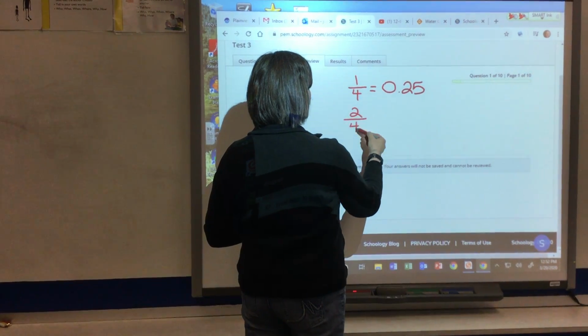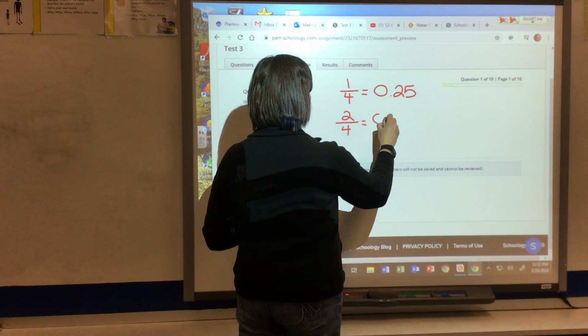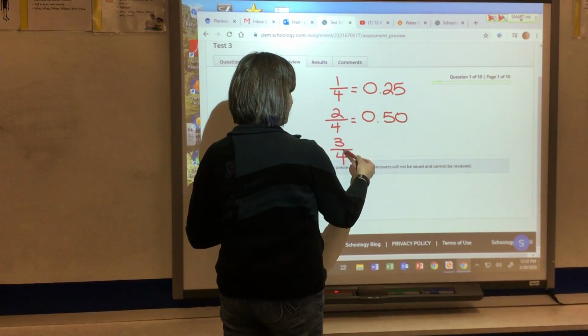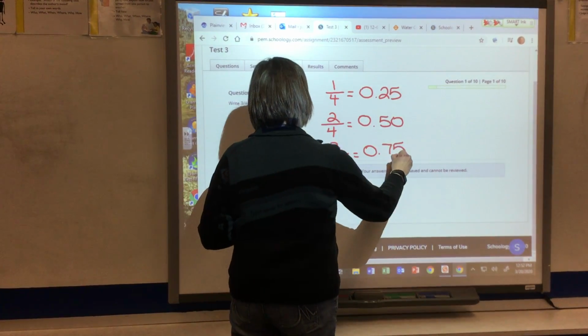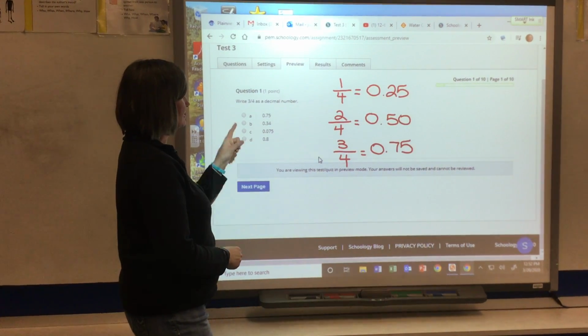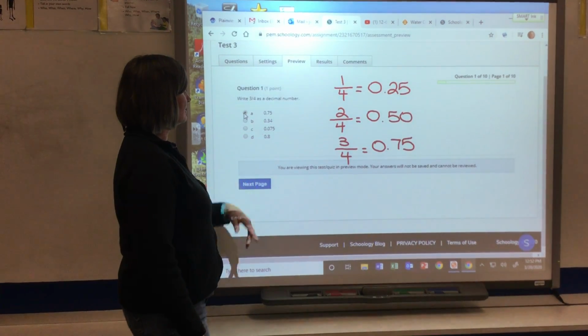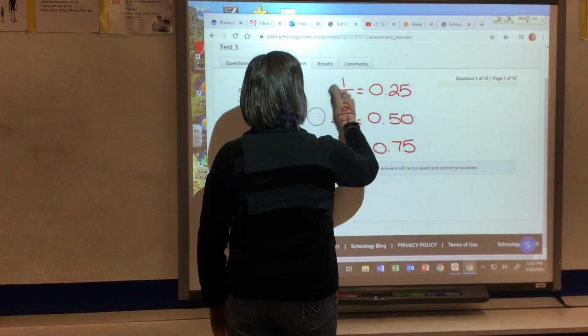If you have 2 quarters out of 4, or 1/2 of $1, what's that as a decimal? 50 cents. And if you have 3 quarters out of 4 quarters, how much money do you have? 75 cents. So if we look at our answer choices, 3/4 is equivalent to 75 hundredths. Letter A, 0.75, would be the correct answer.